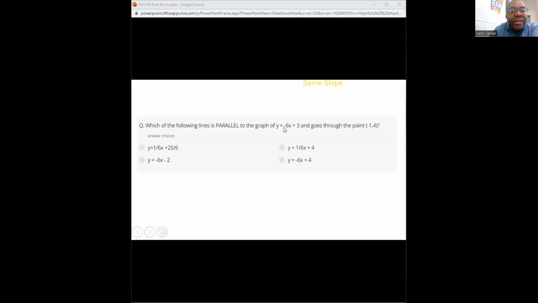We already identified the slope, and we're looking for something parallel that has the same slope. So negative 6x means I'm going to go down 6 over 1. From this point, I'm going down 6: 1, 2, 3, 4, 5, 6, over 1.